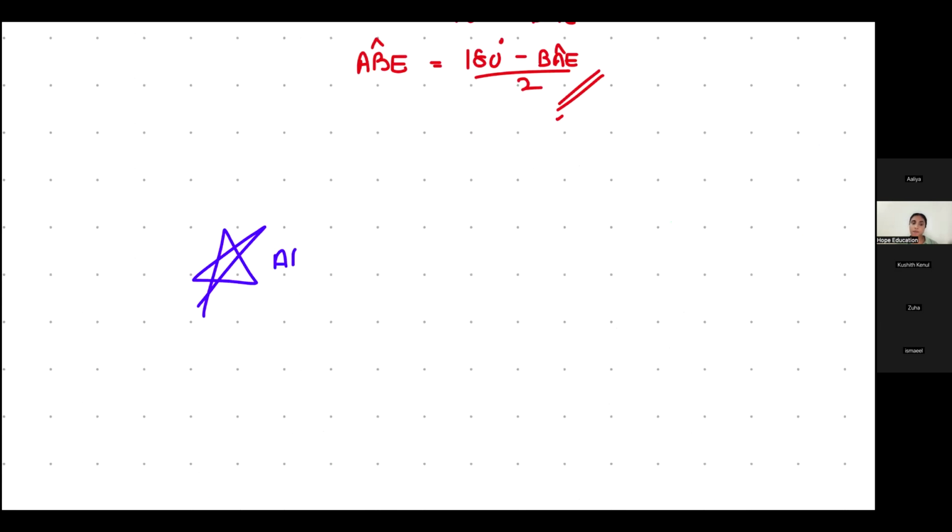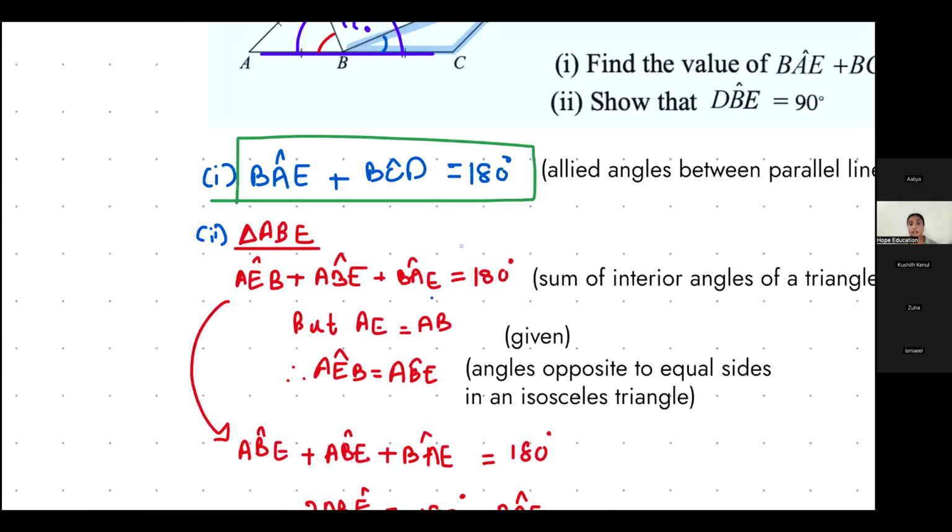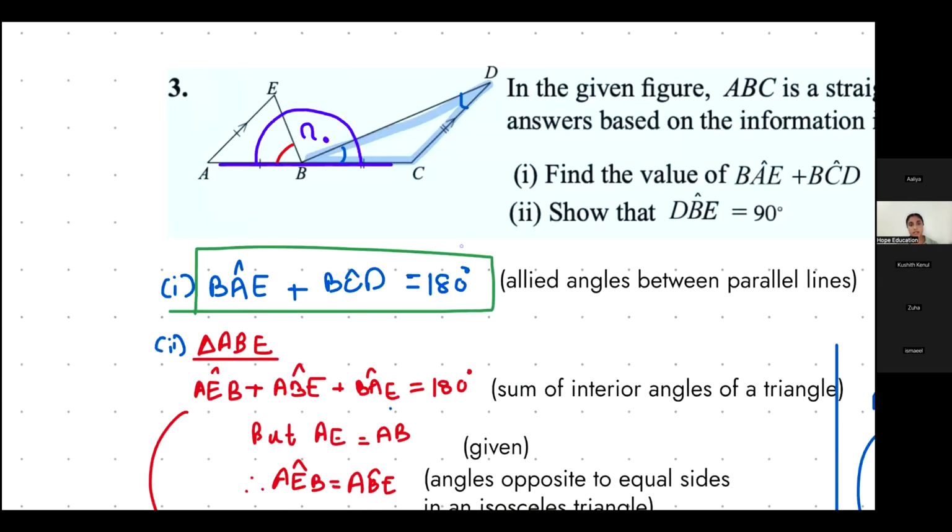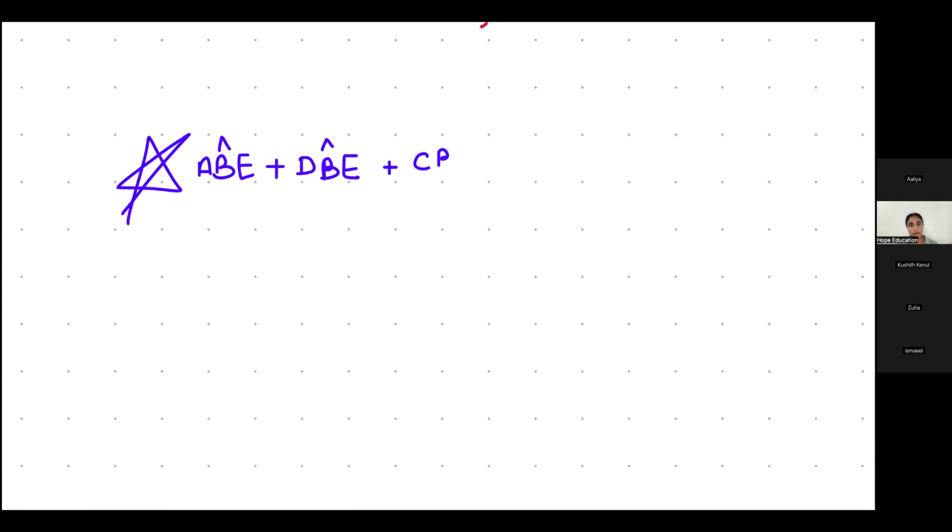ABE plus DBE plus CBD, when added, gives 180. It comes like that because we are talking about angles on a straight line.